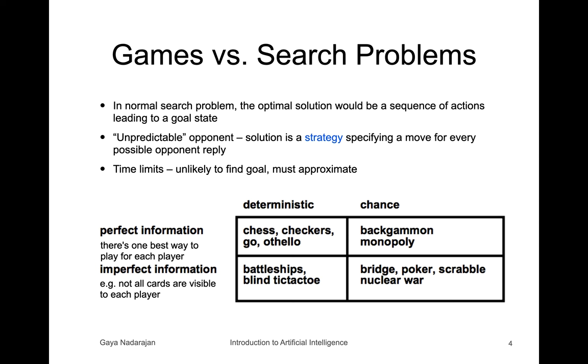Either you are going through a map and cities, or you're doing the eight puzzle, or you're doing the eight queens, right? But in games, you have an opponent, right? You have another agent playing, and that agent is almost contradictory to you, right? So this opponent can act in an unpredictable manner because you don't know what they're going to do.